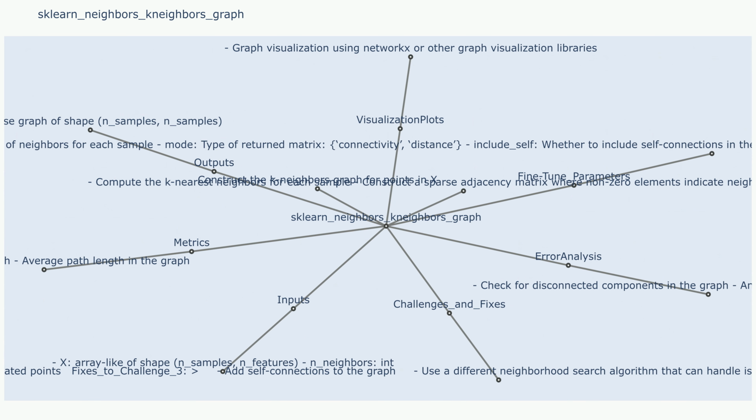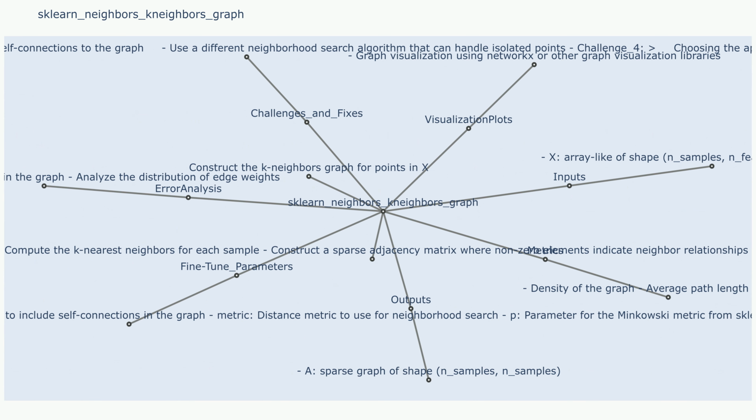Challenge 2. The computational cost of finding nearest neighbors can be high, especially for large datasets or when using complex distance metrics. Sample use case that resulted in challenge 2: working with a massive dataset containing millions of data points. Calculating the distances between all pairs can become computationally expensive. Fixes to challenge 2.